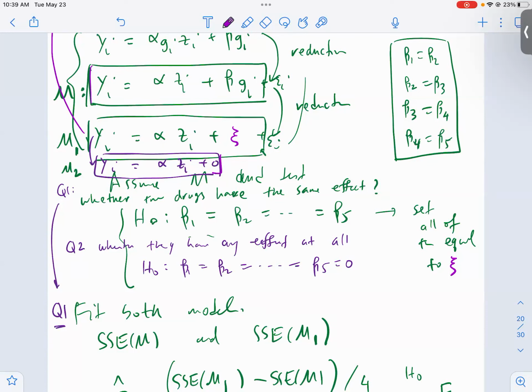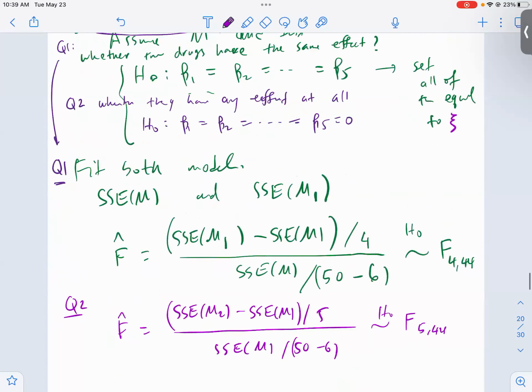So what about the denominator? What do you think? The denominator would be N minus the number of parameters of the full model, which is 2 in this case. So 50 minus 2.